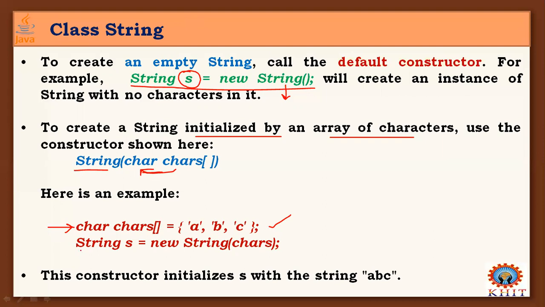Now I'm creating an object of this String class, s equals, calling the constructor with that created array object. I'm passing the array name as a parameter to this constructor to create this String object, taking the same values that are initialized into that character array. So this constructor initializes the string object s with the string ABC.